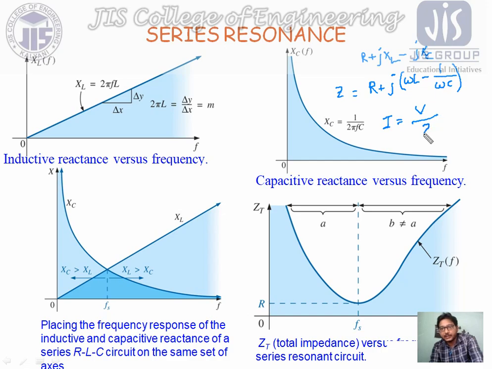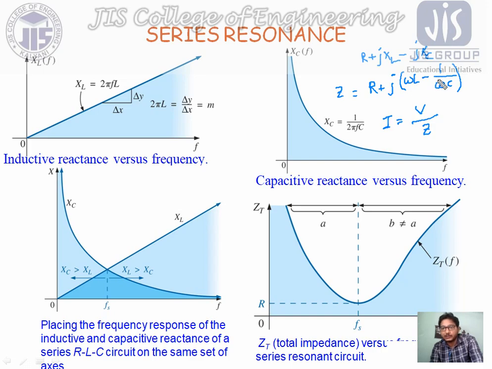If our supply voltage is fixed and we are only changing the frequency, then based on this Z, our I will change. The voltage across the resistance, VR, will obviously be I into R. Similarly, the voltage across the inductor will obviously be I multiplied by this omega L quantity.